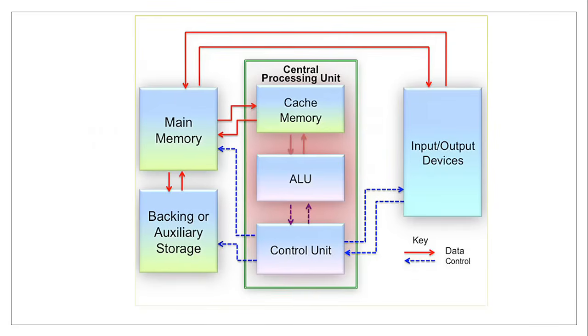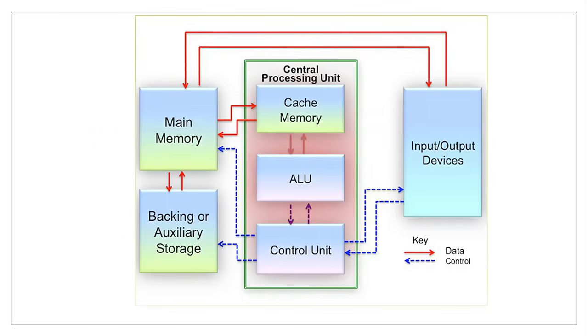This particular diagram summarizes the key functions of how the CPU executes its operations. As you can see, we have the main CPU in the middle, and on the left side we have the main memory and the auxiliary storage, or external storage. We also have the input-output devices on the right side.